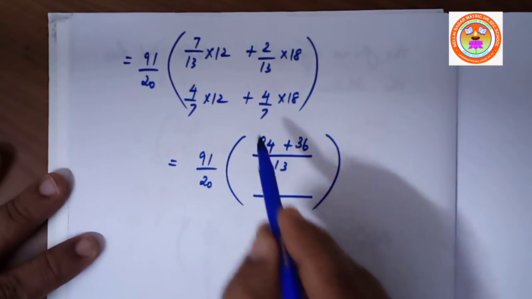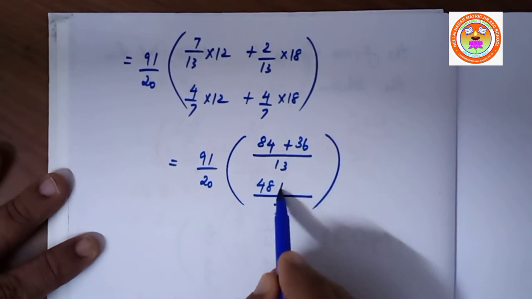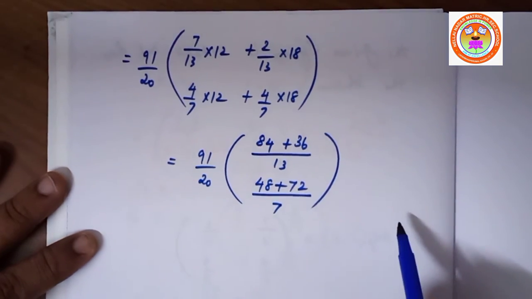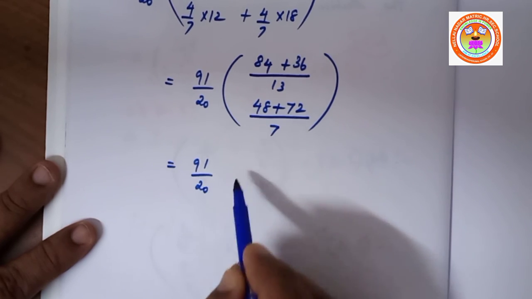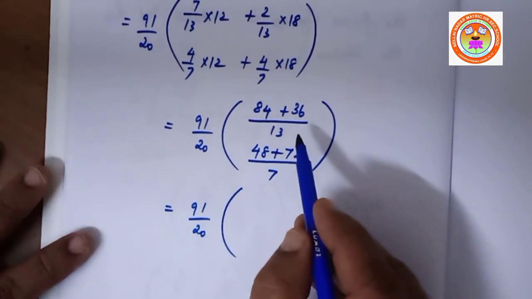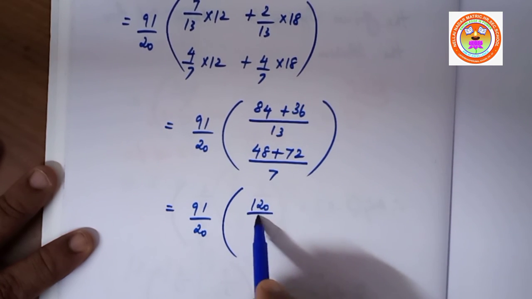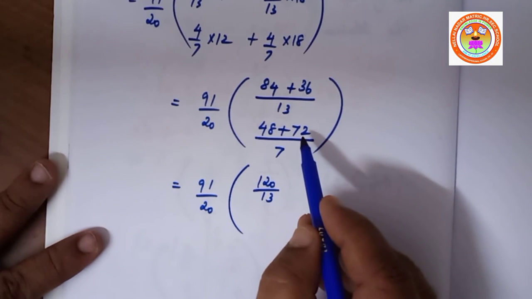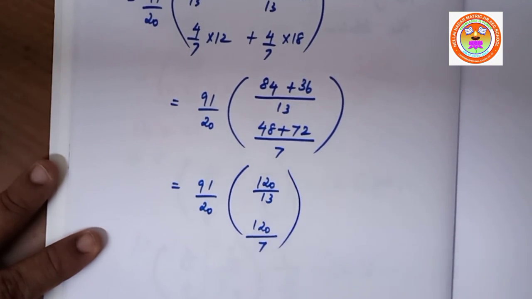Here 7, there also 7, so 7 is the common denominator. 4 into 12 is 48, plus 4 into 18 is 72. That equals 91 by 20 into, if we add, 120 divided by 13, and 48 plus 72 together, 120 divided by 7.